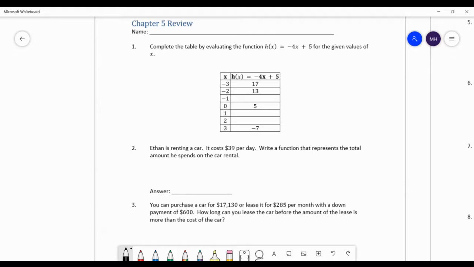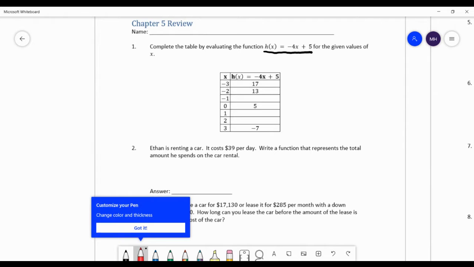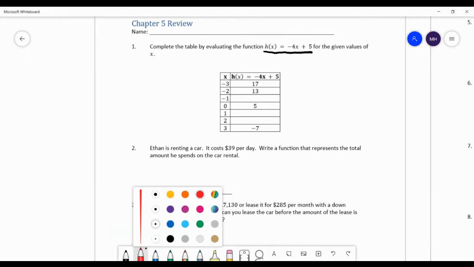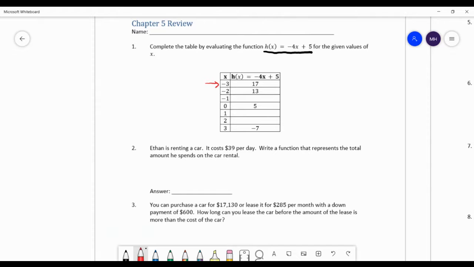All right, so for the first one, it says evaluate the function for the given value. So what we're going to do is take these values for x and plug them into our function. So for the first one, they did -4 times -3 plus 5.